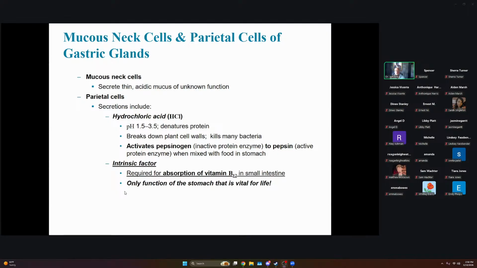The enzyme intrinsic factor has to be attached to vitamin B12 at the small intestine level in order for the vitamin B12 to be absorbed. In other words, for B12 to pass through the wall of the small intestine, through the wall of the capillaries and into the bloodstream, and then be distributed to the whole body. Okay?